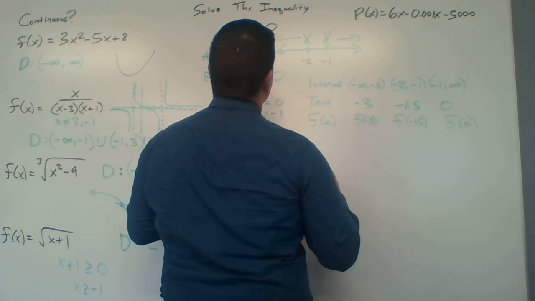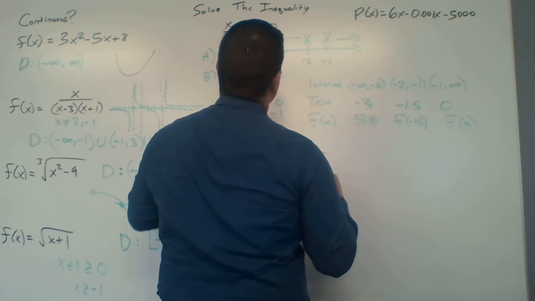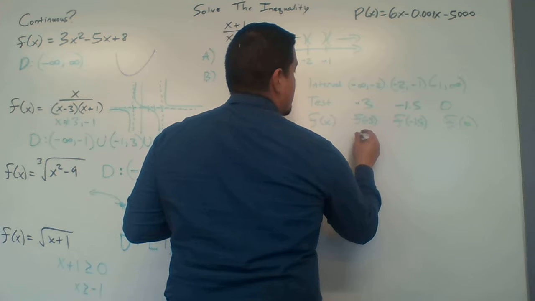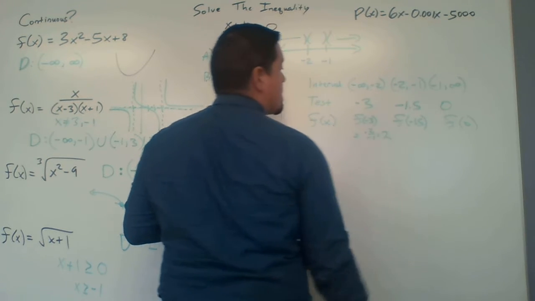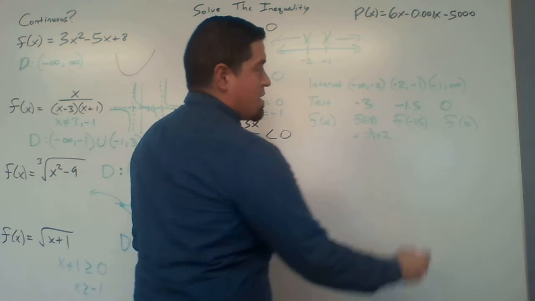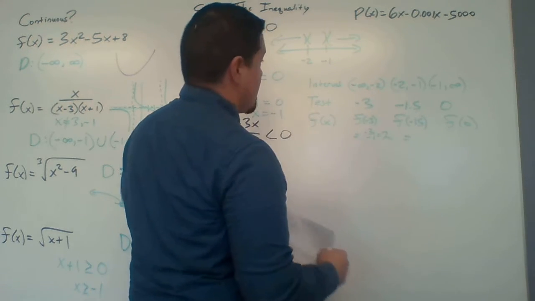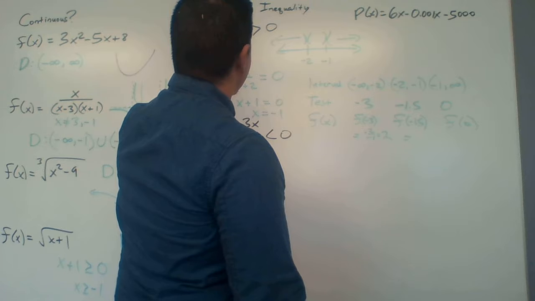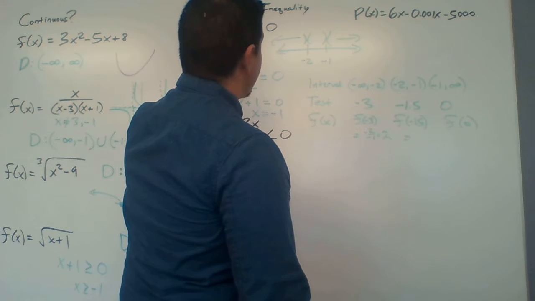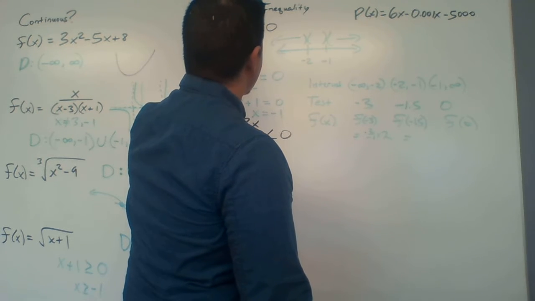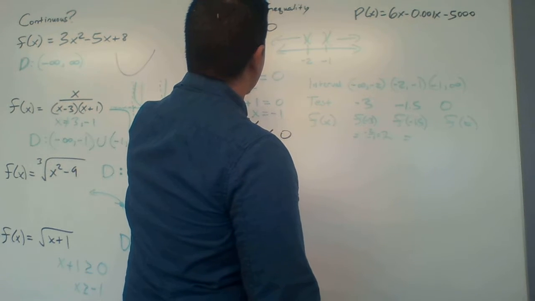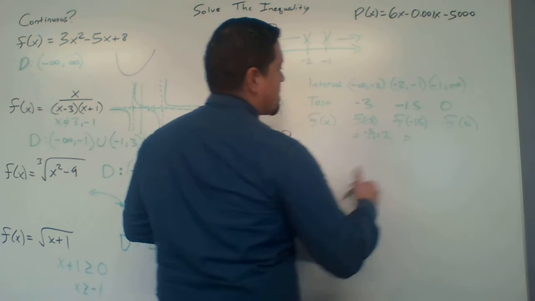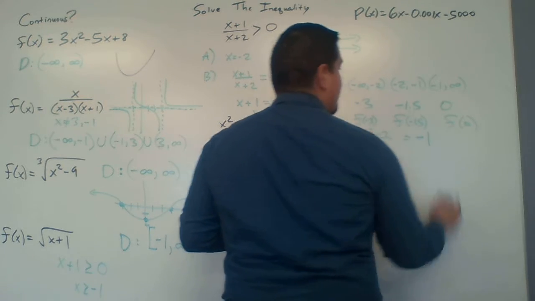-3 plus 1 is -2. -3 plus 2 is -1. So that's going to be -2 divided by -1, which is 2. Or you can just write the answers. -1.5 plus 1 is -0.5. -1.5 plus 2 is, actually, positive 0.5. So -0.5 divided by positive 0.5 is -1.